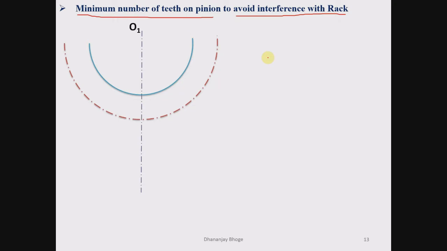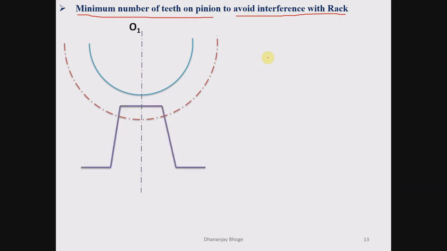Produce the vertical center line, which is passing through point O1. Now we will draw a tooth on a rack which is in mesh with a tooth on pinion.